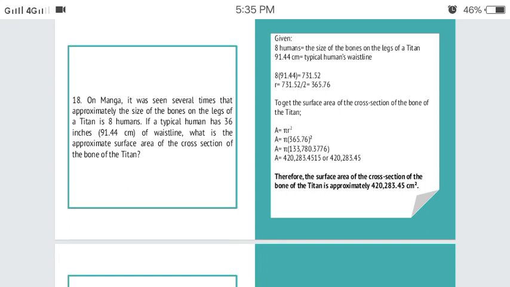That is 365.76. To get the surface area of the cross section of the bone of the titan, the area is equal to pi r squared. That is pi times 365.76 squared. So the area is equal to 420,283.45. Therefore, the surface area of the cross section of the bone of the titan is approximately 420,283.45 centimeters squared.